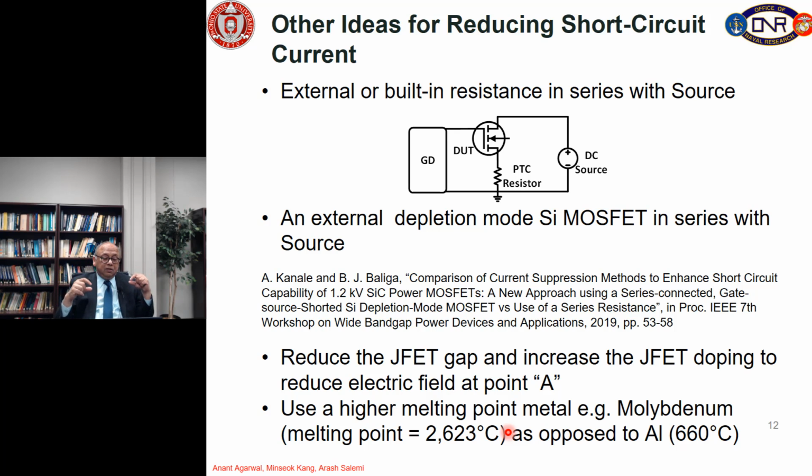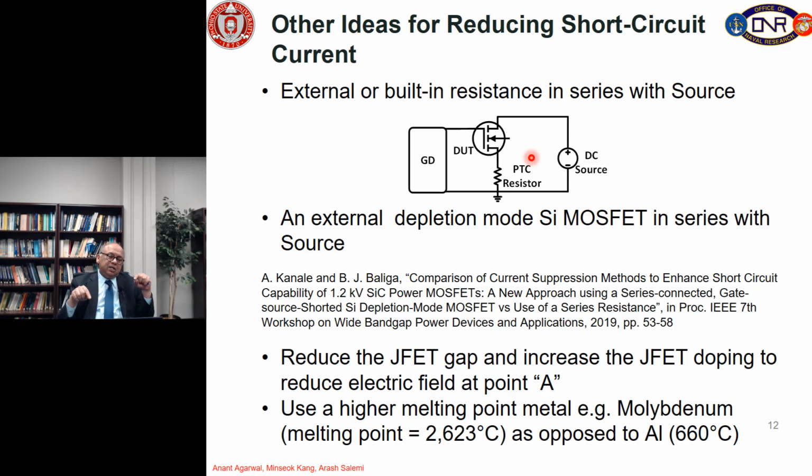The last two within the device and the first two external to the device. We can also try to put this resistance in the source inside the device. Mitsubishi has done that, a number of people are doing that.